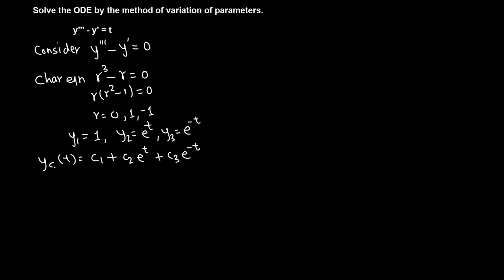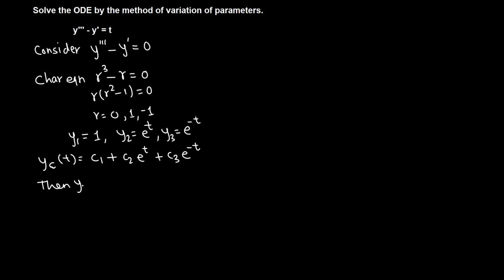So this is y_c(t). Now to find a particular solution, we just vary these constants c1, c2 and c3 by functions u1, u2, u3.